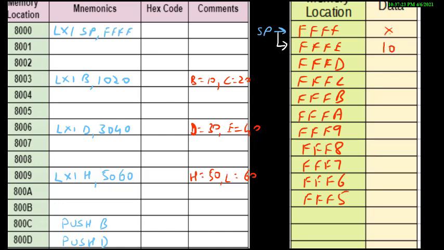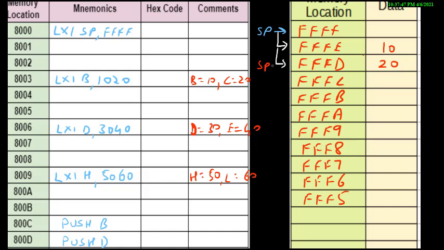It is not stored at the stack pointer's original point, but one less than that. Then the stack pointer is decremented again, and the content of register C is stored at that location. The content of C is 20, so this 20 gets stored here.